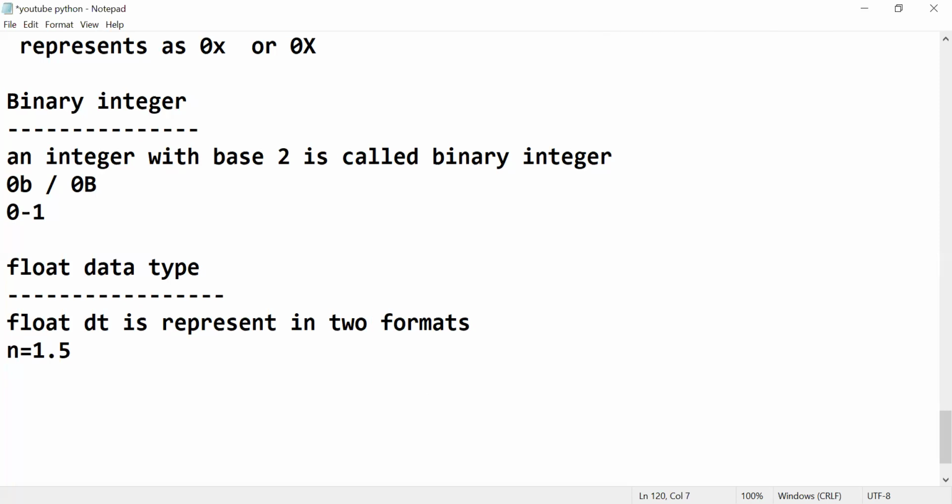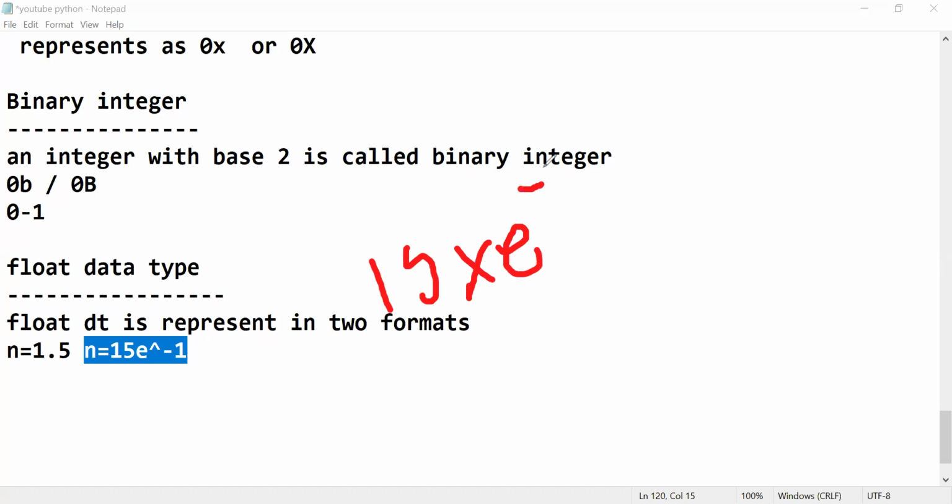We can also represent this same 1.5 as 15 into e power minus 1, guys.